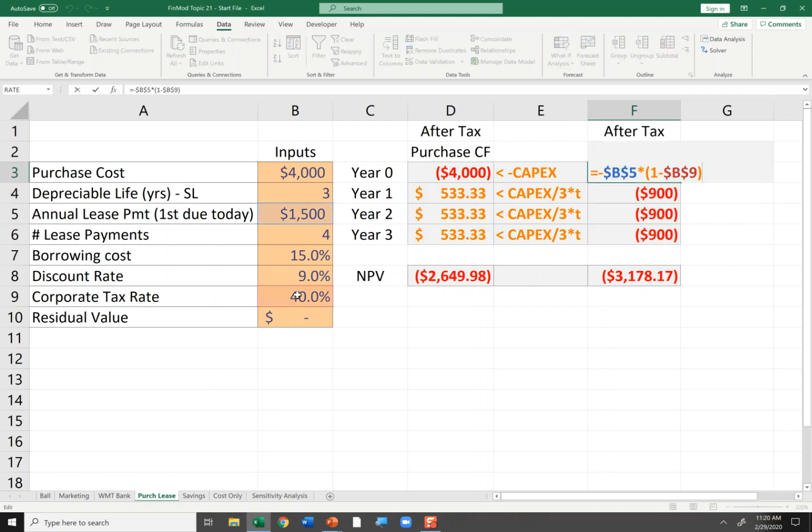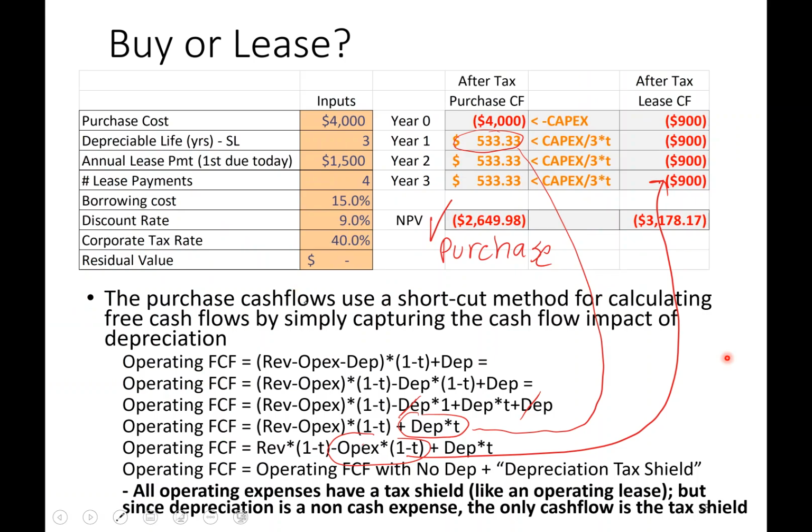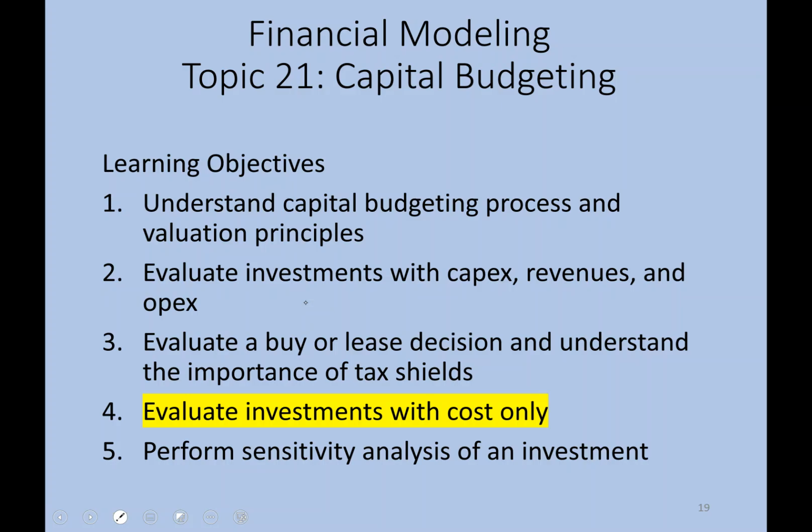So I'm going to spend the $1,500, but I'm going to send the IRS $600 less in taxes that year because the company is already profitable. It's going to shield their income. That allows me to take an after-tax OPEX, which is a negative number. So, in this topic, we evaluated a buy or lease decision, and we talked about the importance of tax shields.